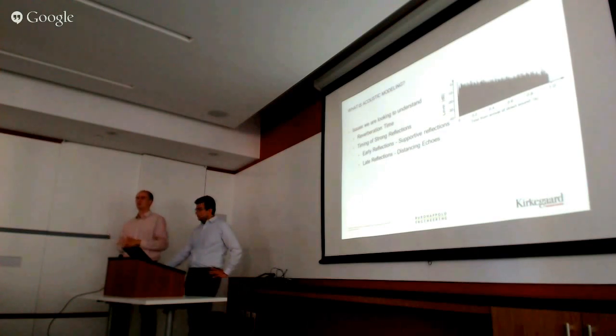So what we want to understand when we're designing a room is how sound that reflects off of the wall or the ceiling all combines at your ears to make this spectrum of sound with various strength and timing of those reflections.